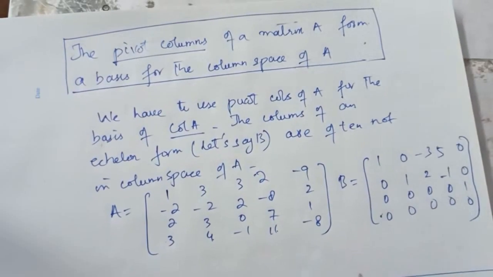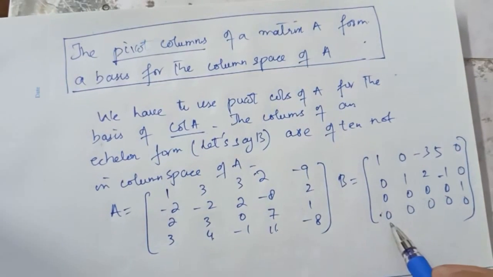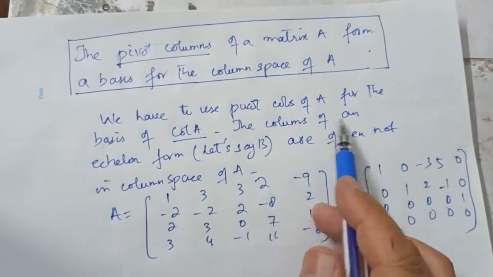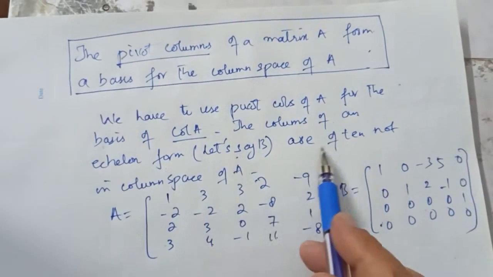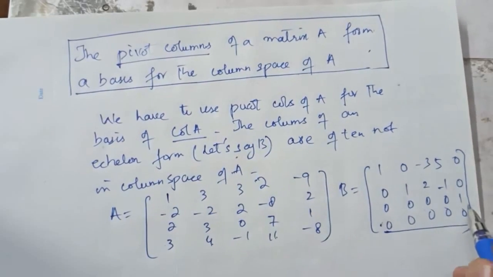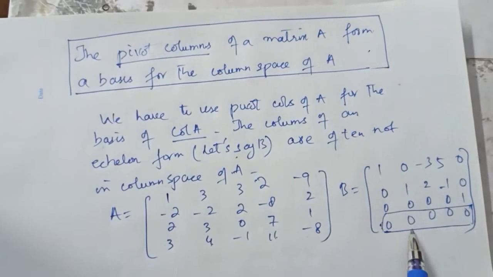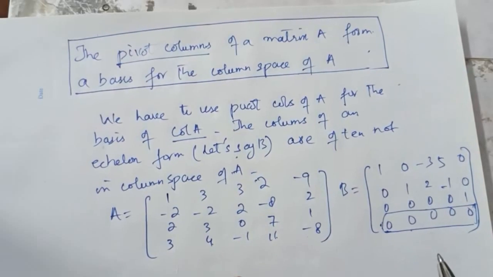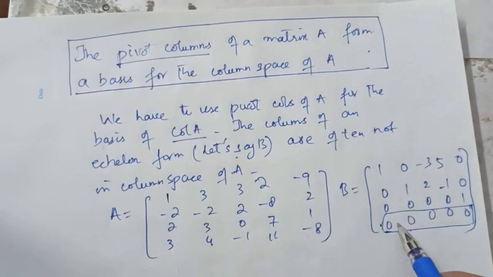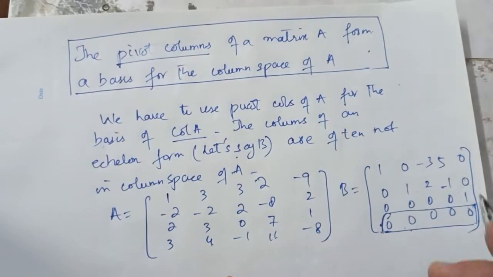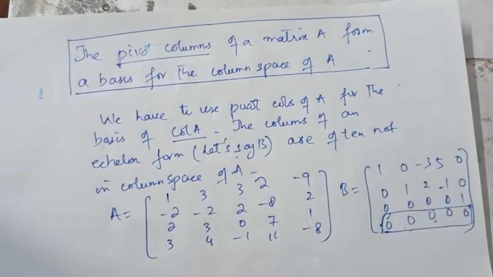You can see here that the columns of an echelon form, let's say B, are often not in the column space of A, because this last row is actually 0, and there is no way I can generate the space of this dimension using this matrix B, right?